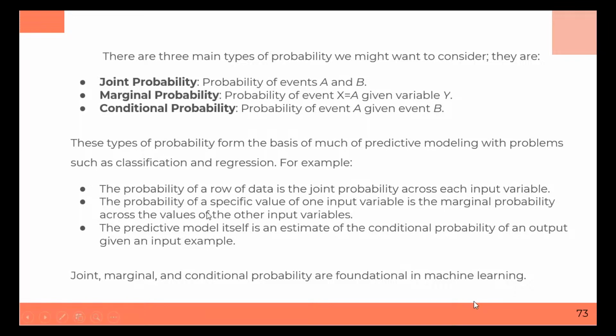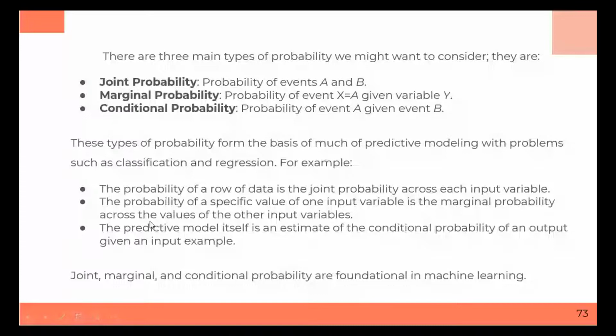Okay, we are saying probability of a row of data is joint probability across each input variable. Okay, probability of a specific value. Now, a specific value of one input variable is the marginal probability across the values of other input variables.